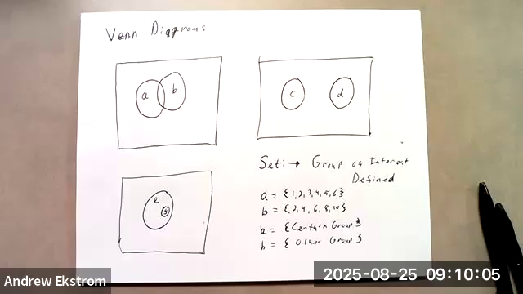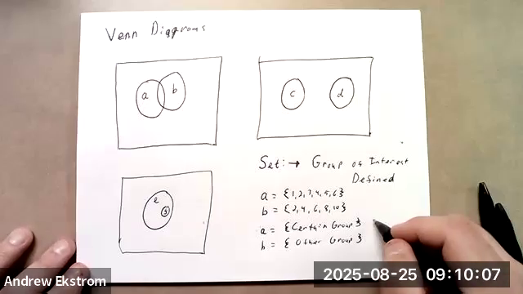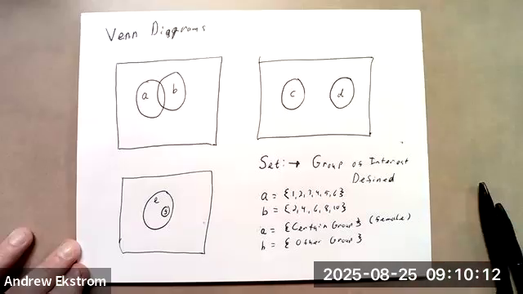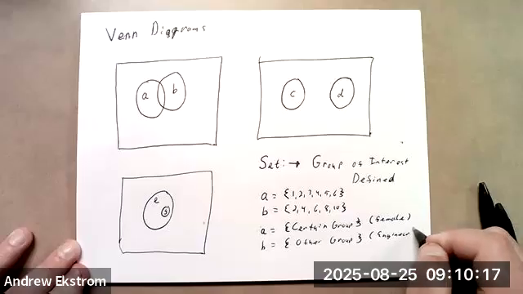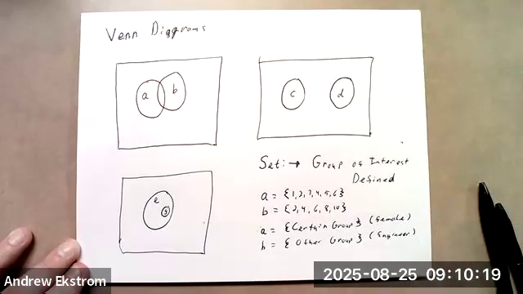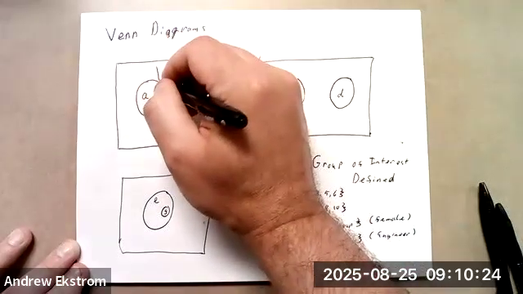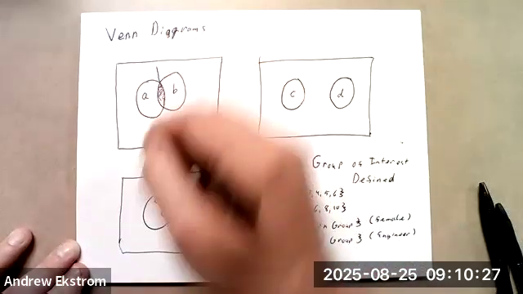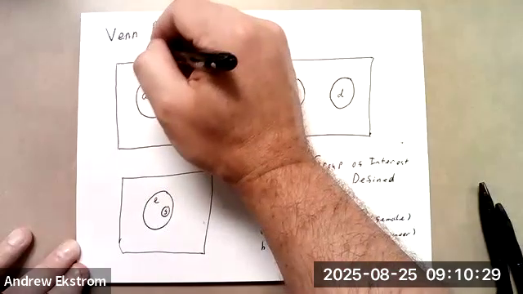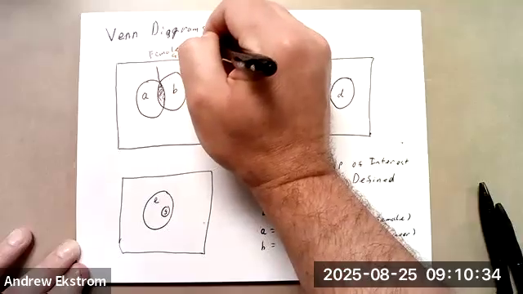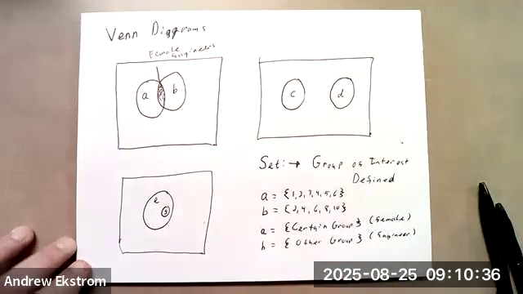So with either of these, let's just say these are the females and B are engineers. In this section here, where we've got this overlap, would be female engineering students.